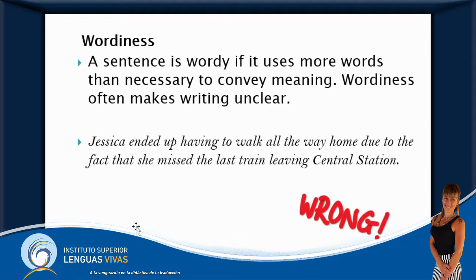And how can you fix wordiness? First, you should identify long phrases that can be replaced with a single word. Then you can eliminate words that have the same meaning. You can also eliminate weak words, such as, for instance, basically and sort of, and you can also eliminate non-essential information.